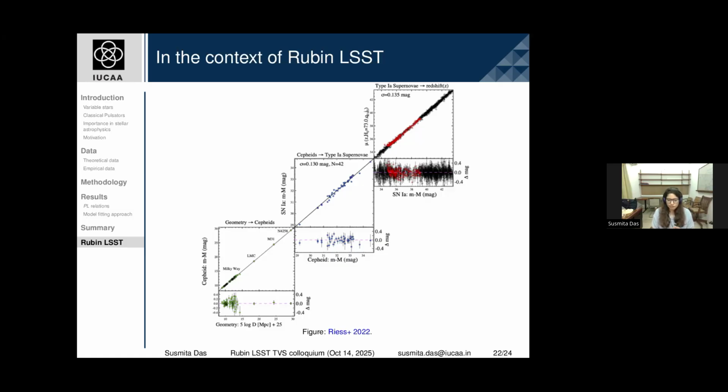So in the first rung, when we calibrate distance with respect to Cepheids, whatever distance calibration has been done here is going to impact the further rungs. So one needs to make sure that the first rung itself is well calibrated.